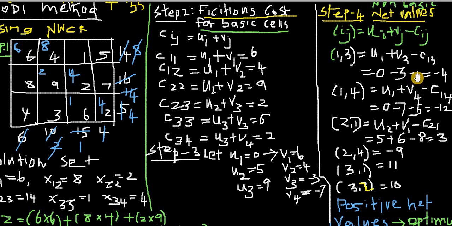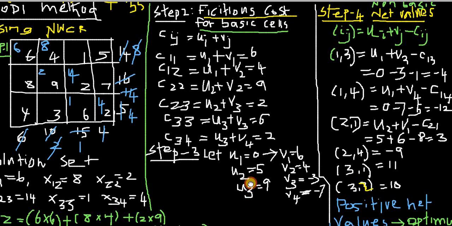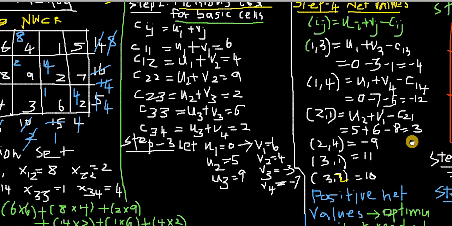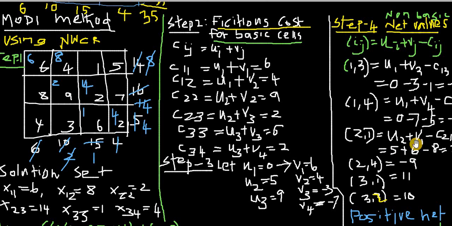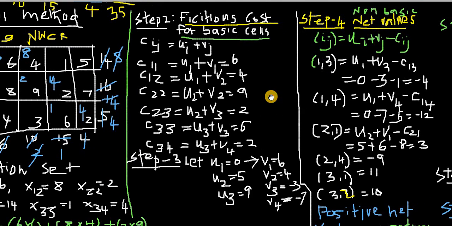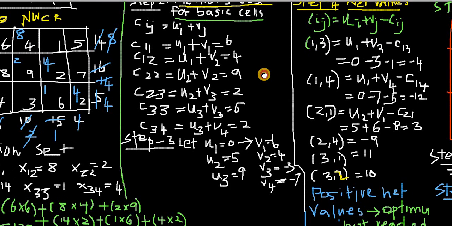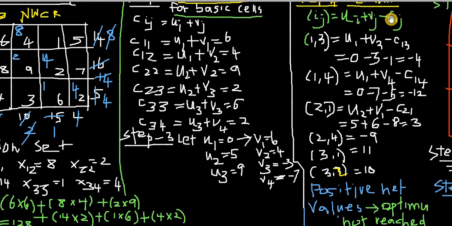So these are the net values for non-basic cells. But what the MODI method says is that all these net values must be 0 or negative.